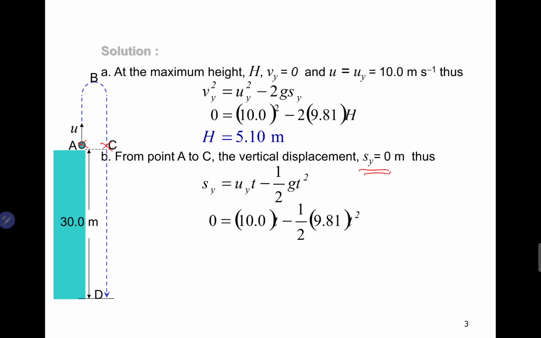Replace in to find the final answer. T you will end up with 2.03 seconds. If you do the previous calculation, you will get about 1 point something and then multiply by 2. So we have two methods, try both methods.